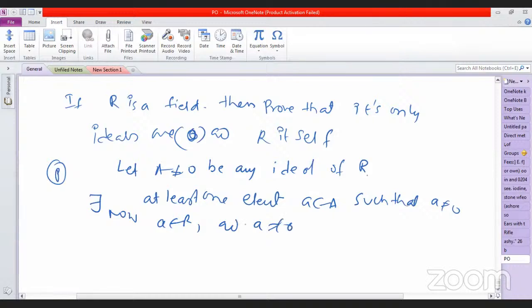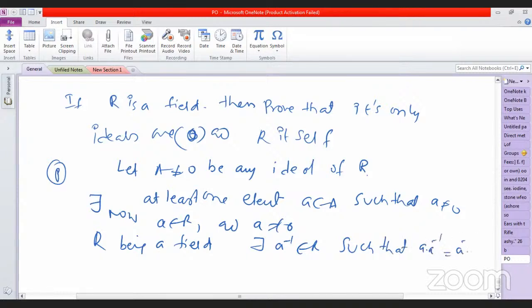So R being a field, there exists a inverse belongs to R such that a into a inverse is equal to a inverse into a is equal to 1. So therefore 1 is equal to a into a inverse belongs to A.